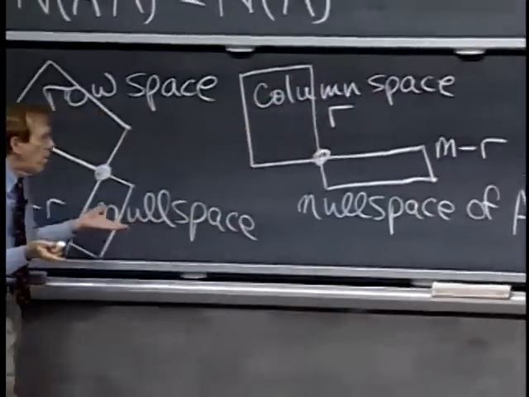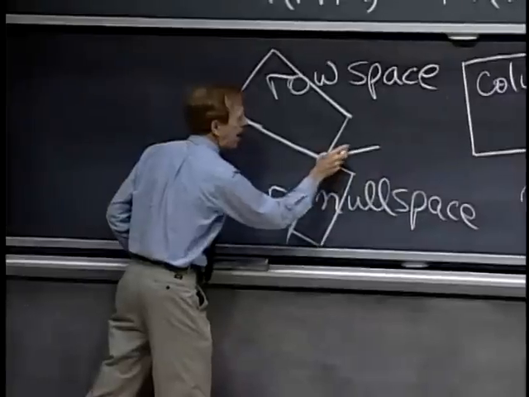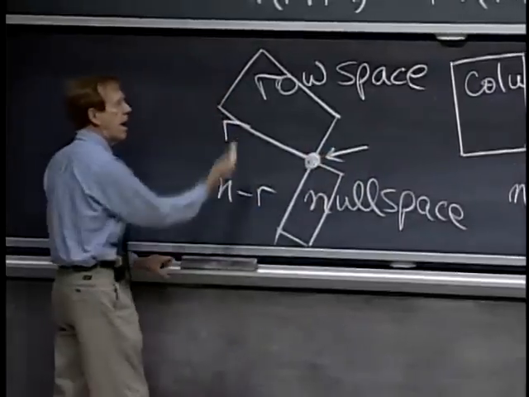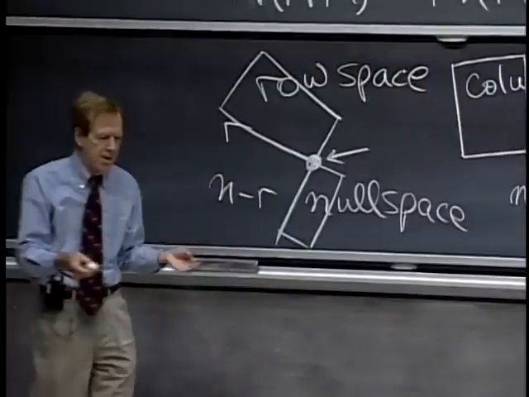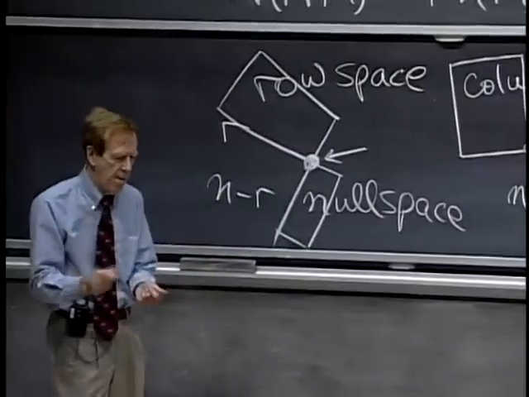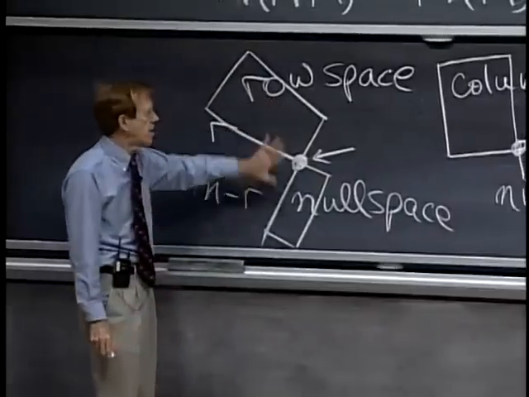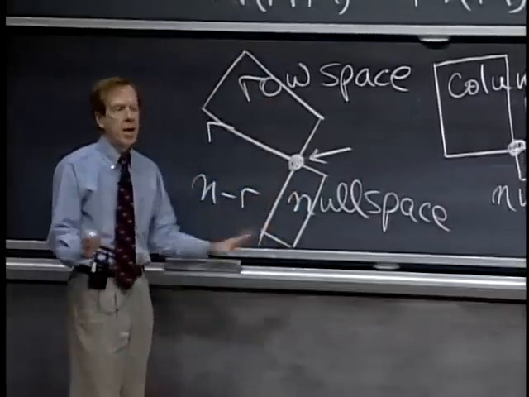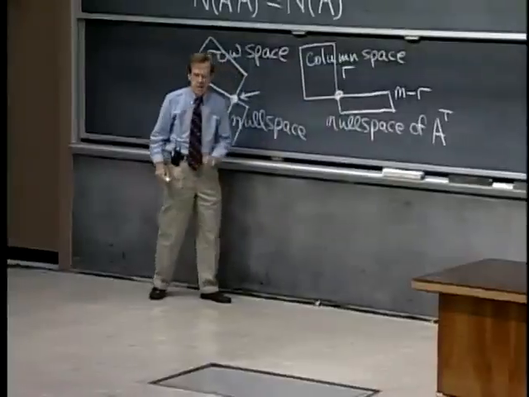What I want to show now is what this figure is saying. The figure is just my attempt to draw what I'm now going to say: that the angle between these subspaces is 90 degrees, and the angle between these subspaces is 90 degrees.